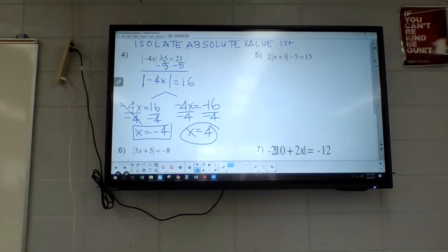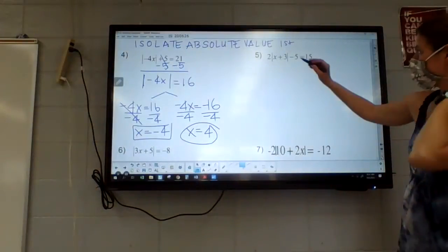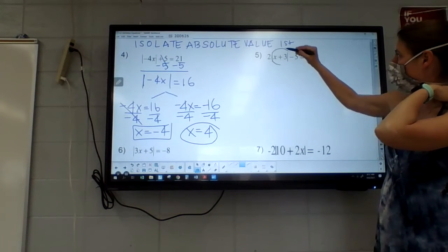So the same thing needs to happen in number 5. We need to isolate that absolute value first. That one has a little bit more work to do though even. So when I talk about isolating the absolute value, I want to get just this part alone.